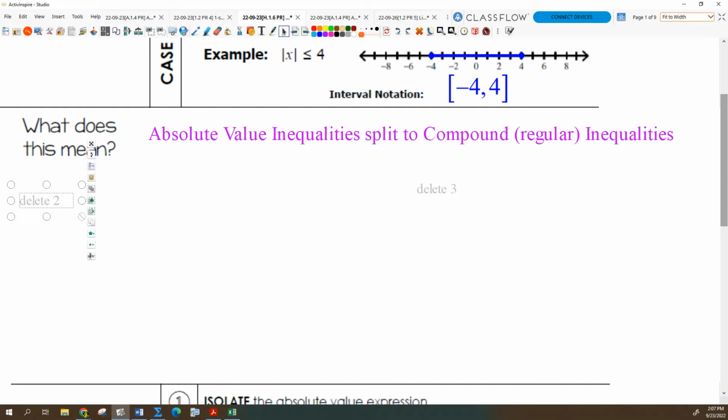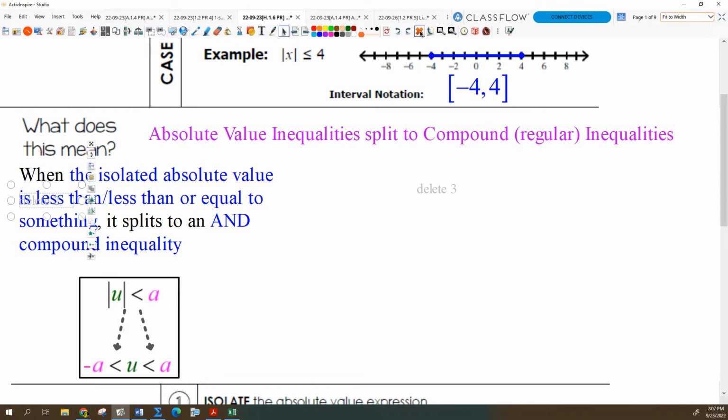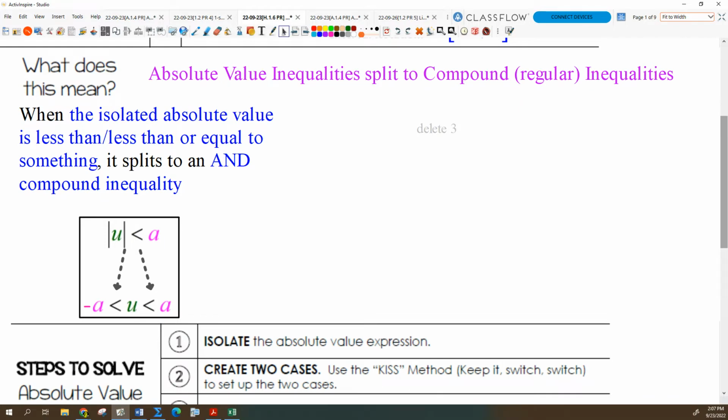Here's one possibility. When the isolated absolute value is less than or equal to something, it splits into an and compound inequality.